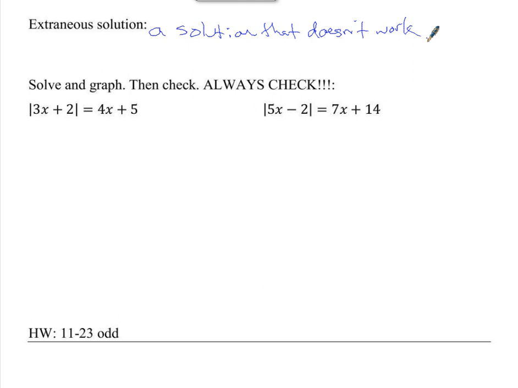So, what's the first thing we should do with the one on the left? Case 1, case 2. How come I can go straight to case 1, case 2 here? Absolute value is by itself, that's right. So I can go straight to case 1, case 2. All right, what's case 1?